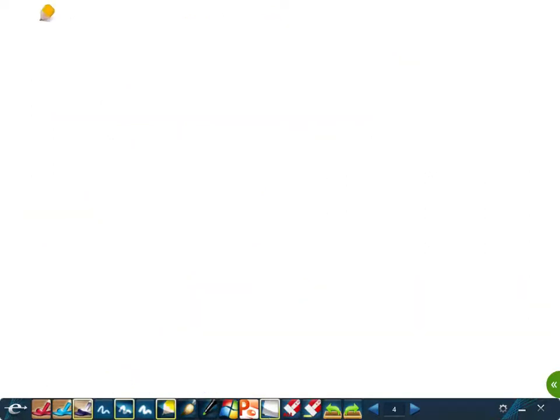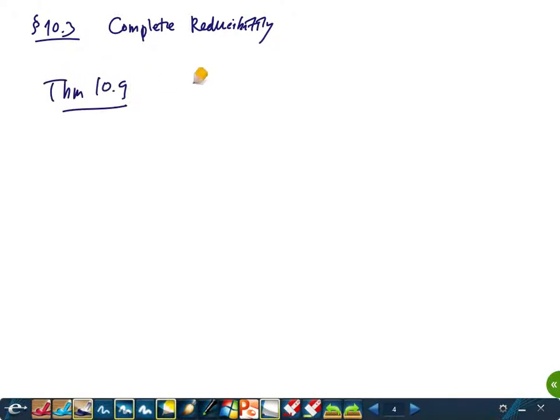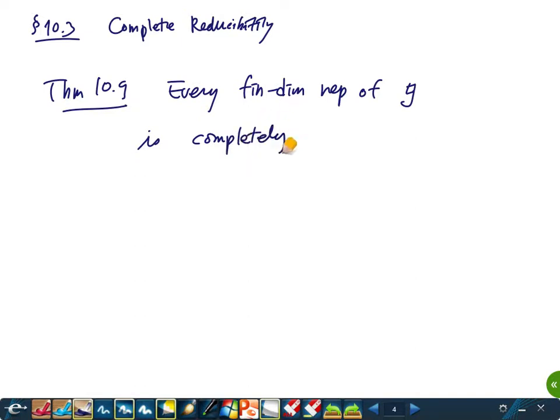And by the way, also a very natural question is the complete reducibility. So the theorem, I'm going to just state the theorem. Every finite dimensional representation of a semi-simple Lie algebra G is completely reducible. What does that mean?